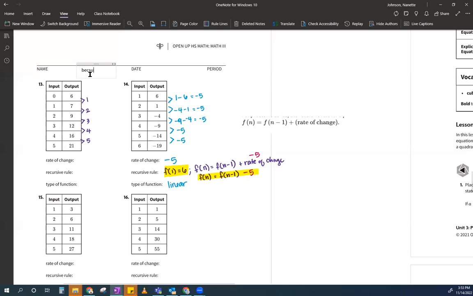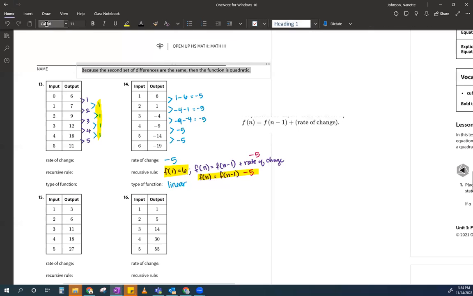Because the second set of differences are the same, then the function is quadratic. Okay, so let's put this here. I'll write this in my font so you guys can all find it, and I'll highlight it.